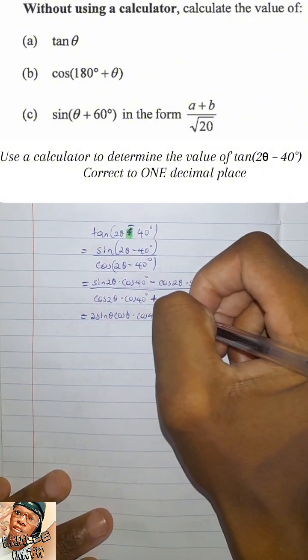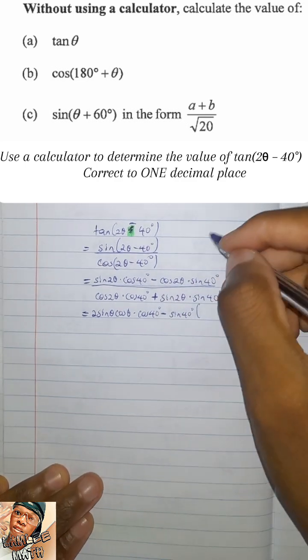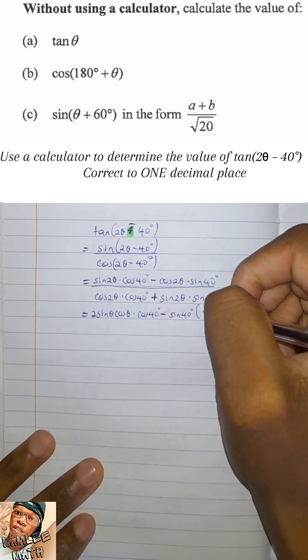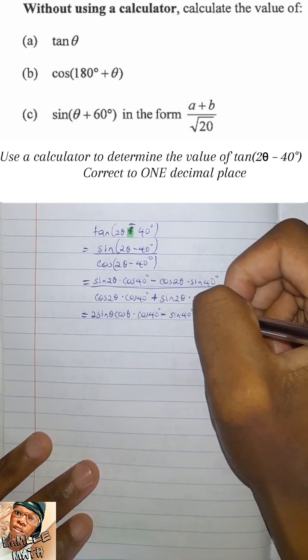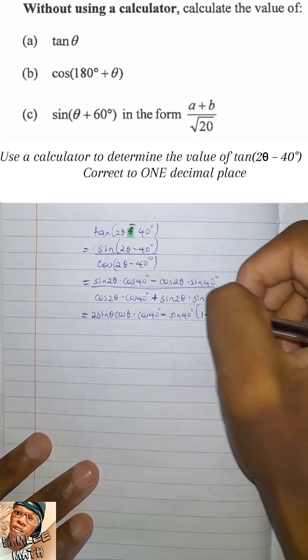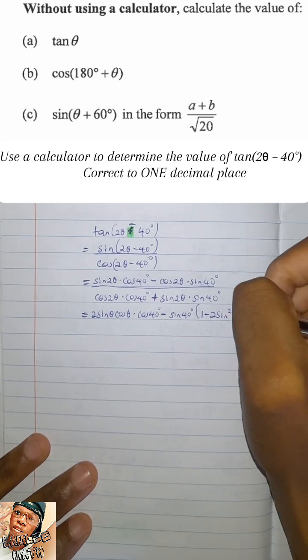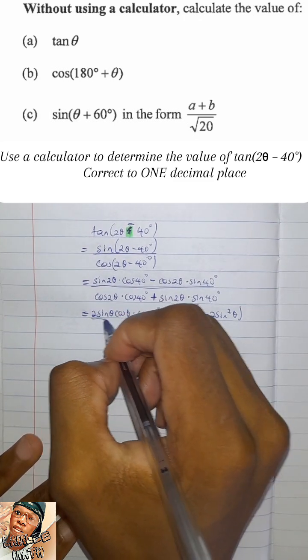So I'm going to put sine 40 outside and multiply it by, let me write everything in terms of sine, 1 minus 2 sine squared theta, all right?